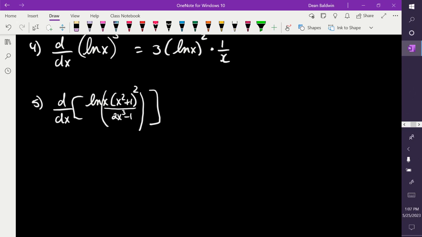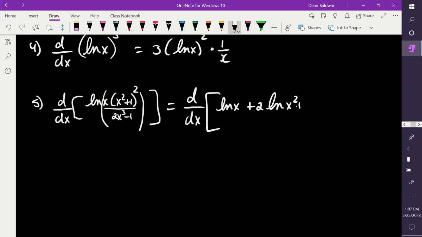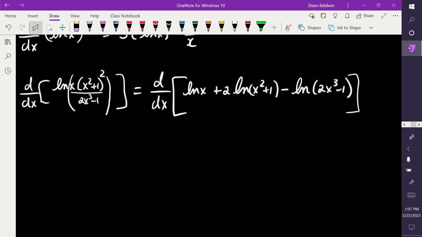You can rewrite it as natural log of x plus 2 natural log of x squared plus 1 minus the natural log of 2x cubed minus 1. That is just breaking it apart using the log rules. Does that make sense so far? All right. Then you can do each one separately.